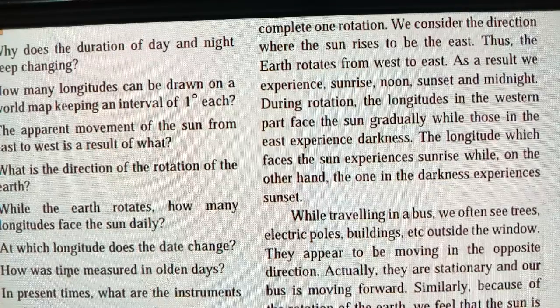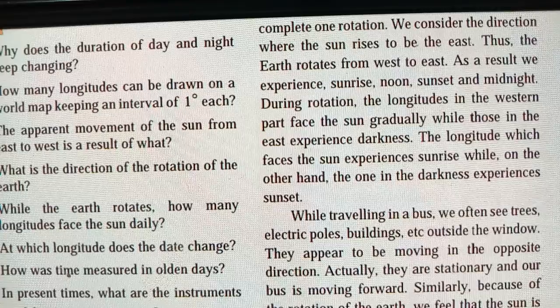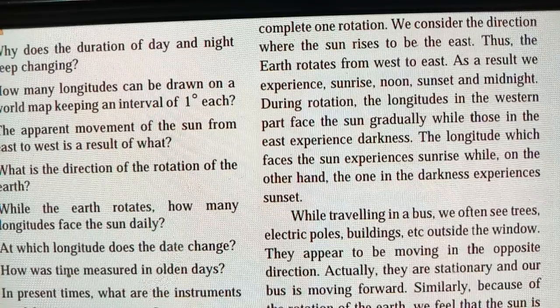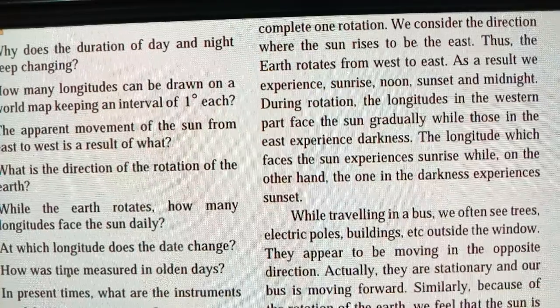When the sun rises, we have daylight. When the sun sets, we have darkness. So you have to remember these two things, and why? Because of the earth's rotation. The earth gradually rotates. Even the moon is also rotating. So you have to remember this.